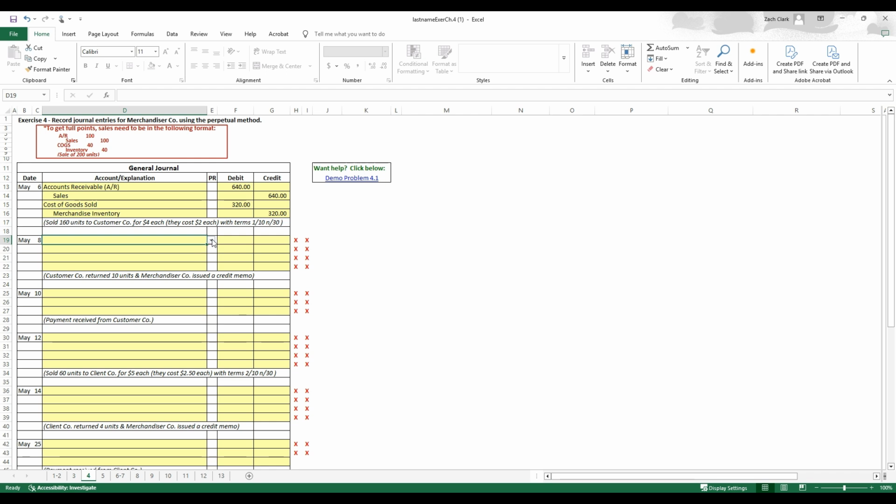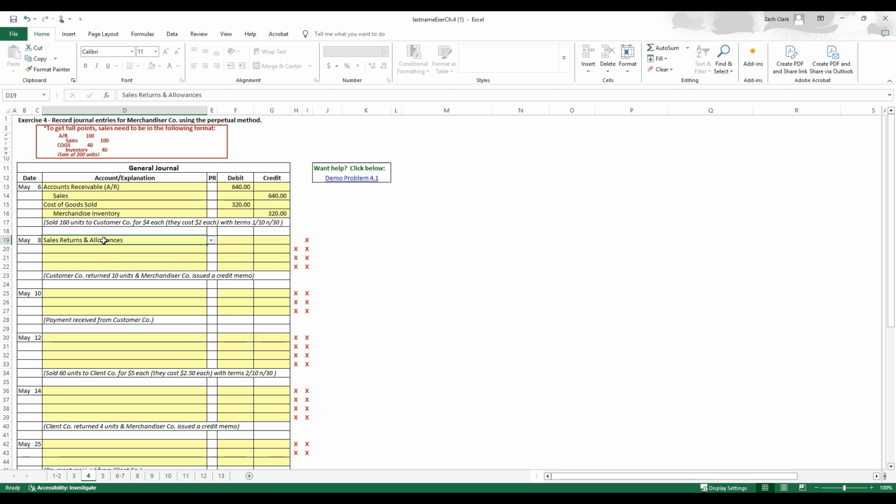One thing to remember is we don't reduce sales directly. We use a contra revenue account. We don't reduce sales revenue directly. So instead we use sales returns and allowances. That's the one little change. Otherwise, we could just use the reversal of these types of entries with the amount for the number of units.